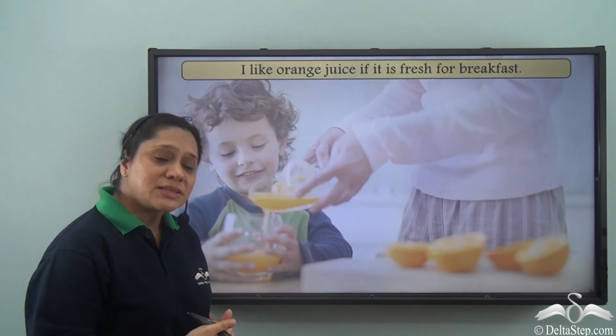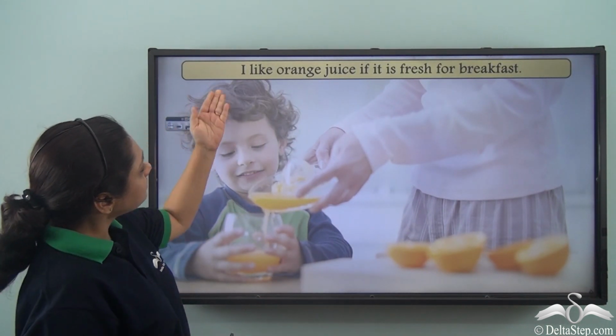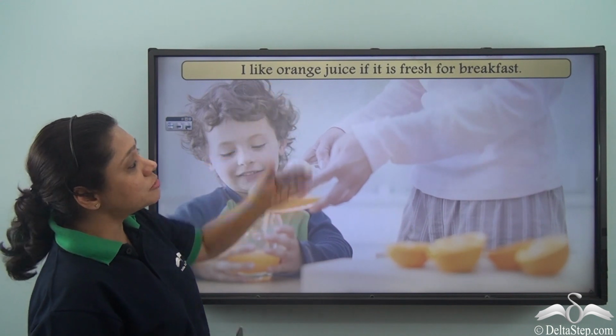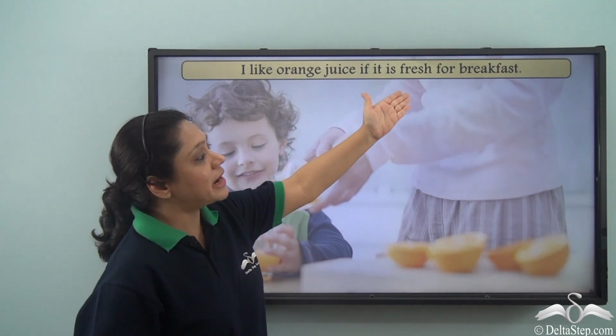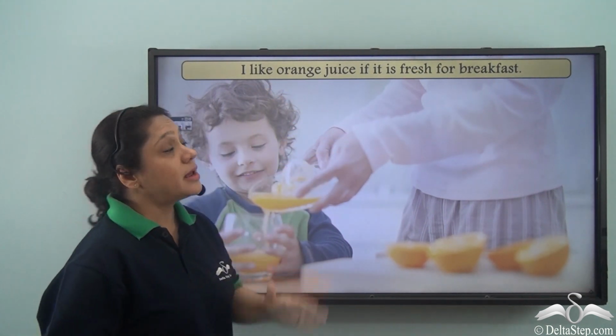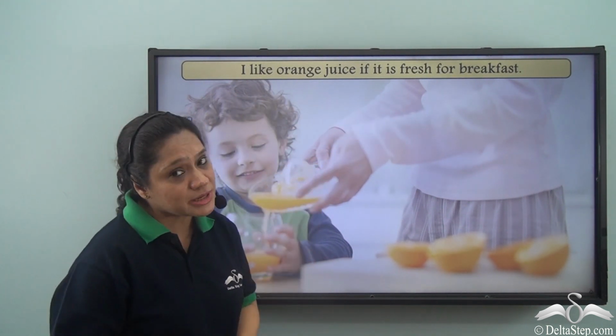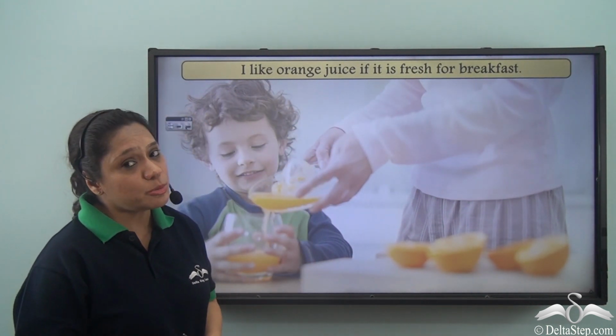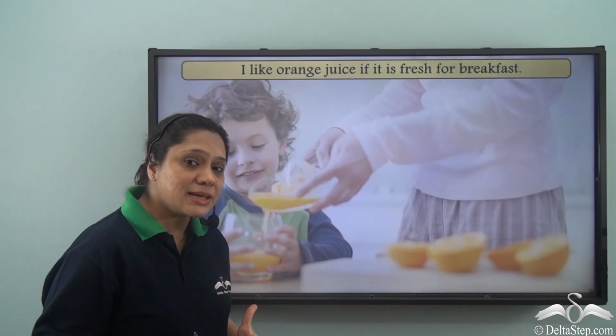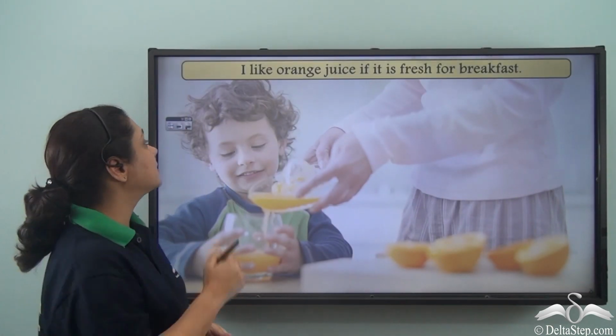Now let us look at another sentence. I like orange juice if it is fresh for breakfast. Now this is a conditional sentence, and what do we see? And we will again see this sentence in parts.